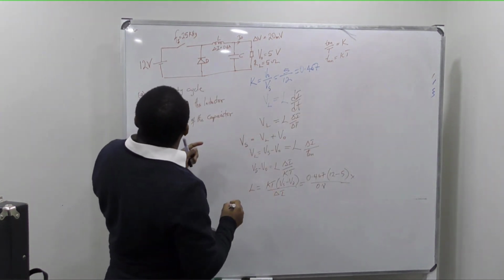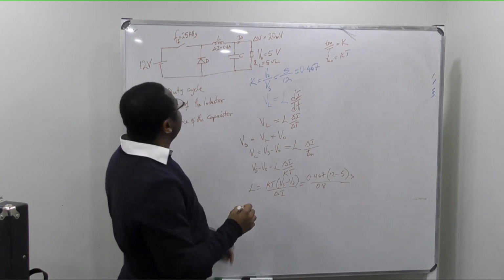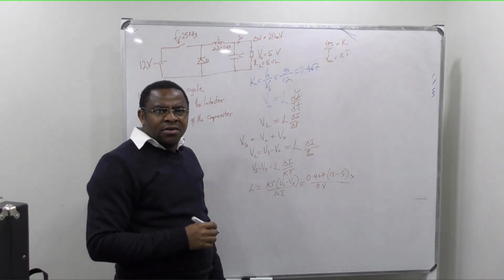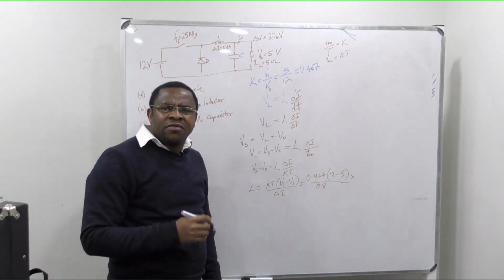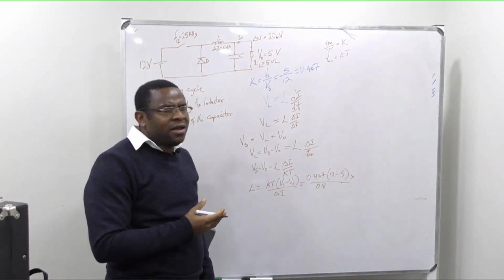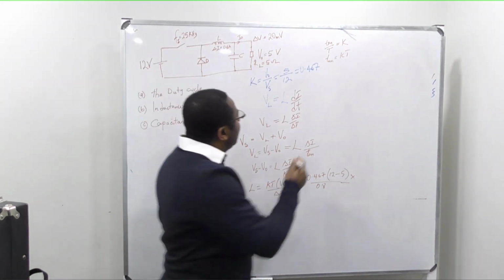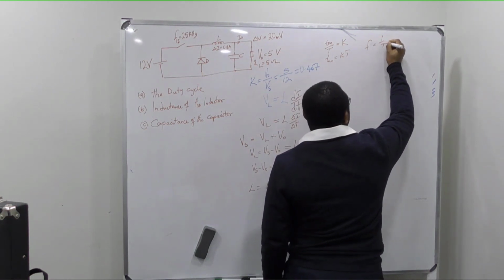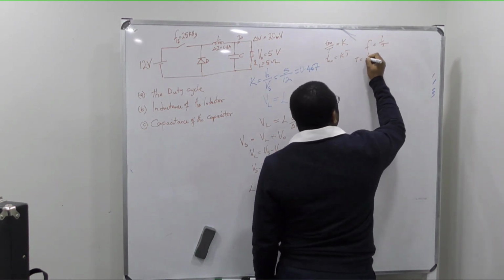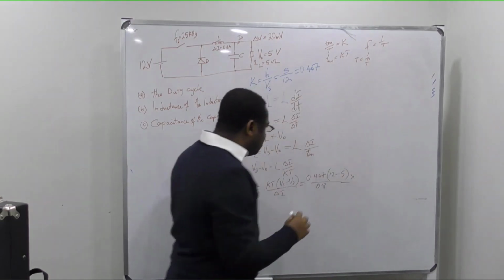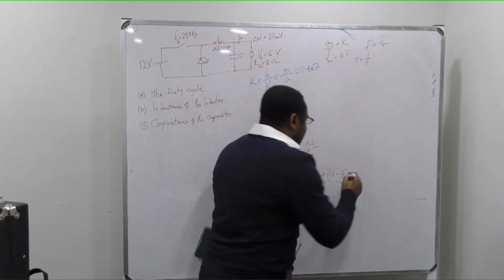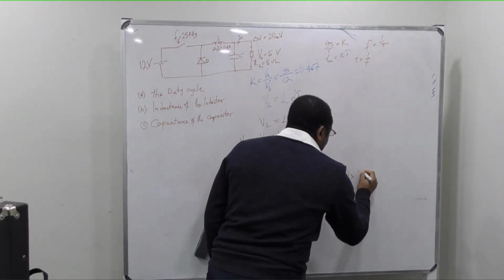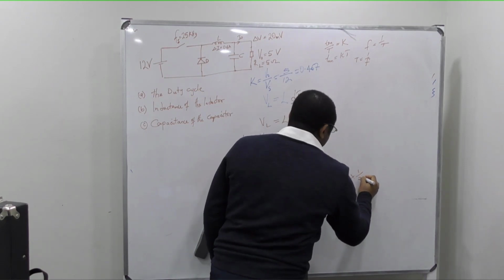Now, is there any T there? What we have here is frequency. What's the relationship between frequency and period? Frequency is 1 over T, or T is 1 over frequency. So I'm going to multiply this by 1 over 25,000.